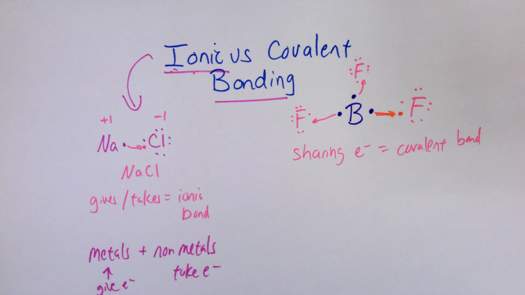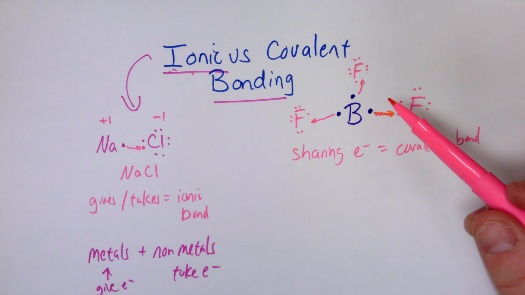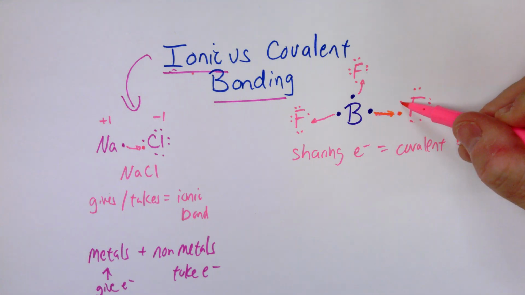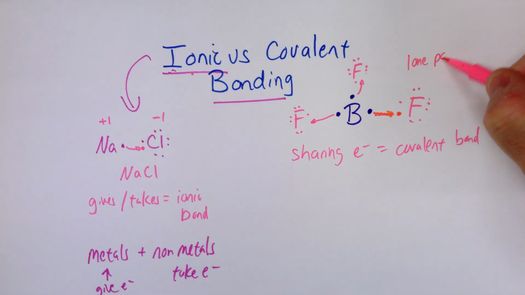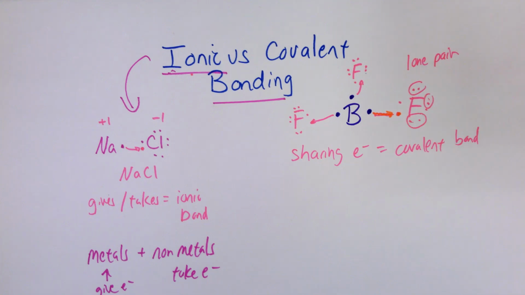Now, the thing is with these covalent bonds, they don't share all of the electrons. Notice fluorine's not sharing these over here. It's only sharing this one. What we have here is called a lone pair. We have 3 lone pairs.